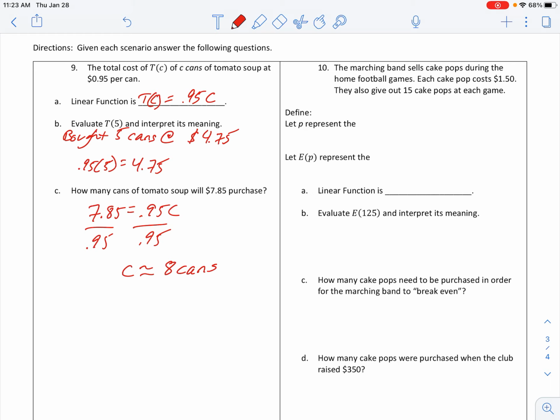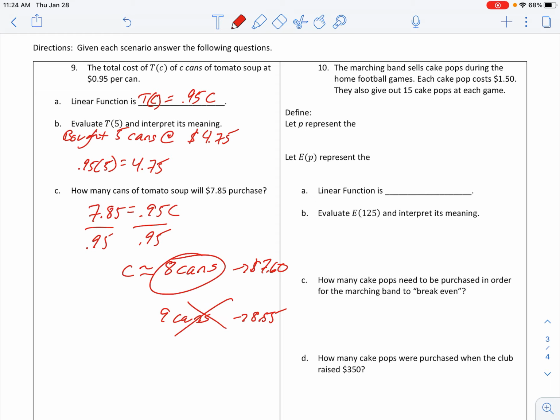In this case, we have to round it down to 8 cans, because 8 times 0.95 is 7.60, which we can afford. But if you were to say 9 cans, 9 times 0.95 is 8.55, and we would not be able to afford that. So 8 cans is what you can afford.